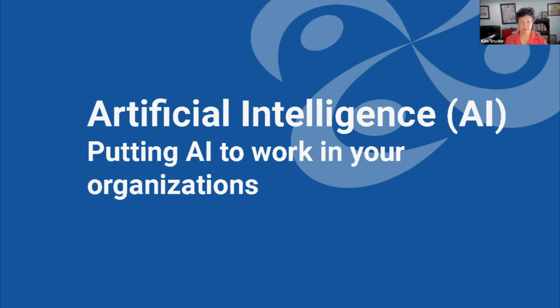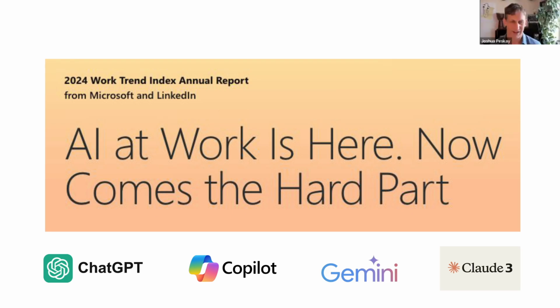All righty, let's talk a little bit about AI. We can't have a presentation without AI, right? In 2024, a technology presentation? No. I think we've got to talk a little bit about AI. So 2024 is the year that AI comes to work. In 2023, people were like, what, ChatGPT? My mom was asking about it.